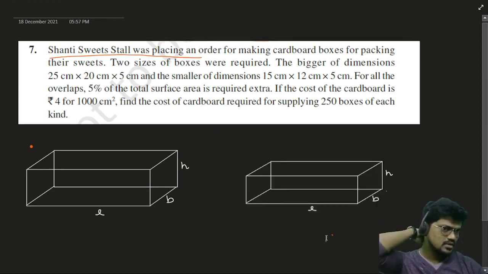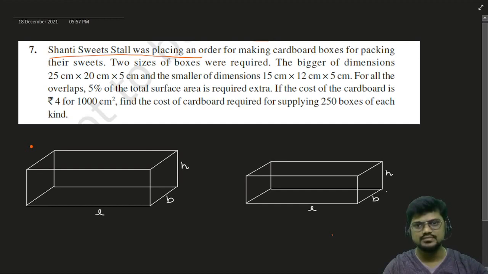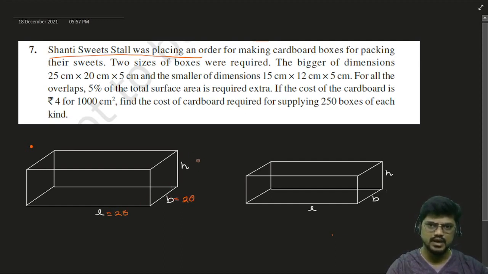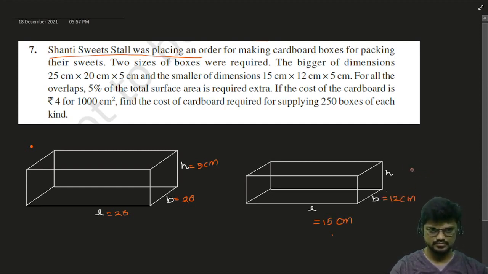The dimensions which they have given: the one is 25 centimeter by 20 centimeter by height 5 centimeter. And there is another box which is 15 centimeter, 12 centimeter, and 5 centimeter.